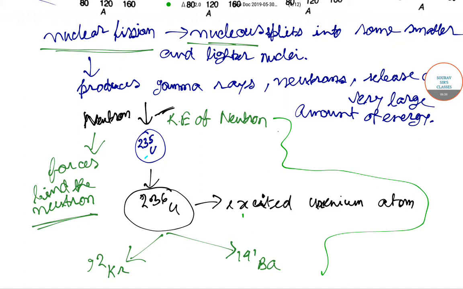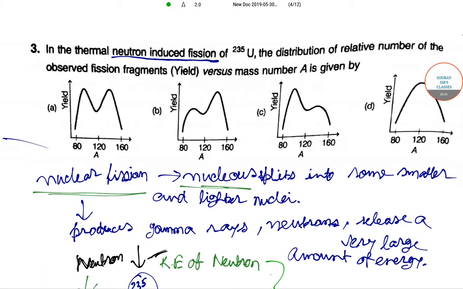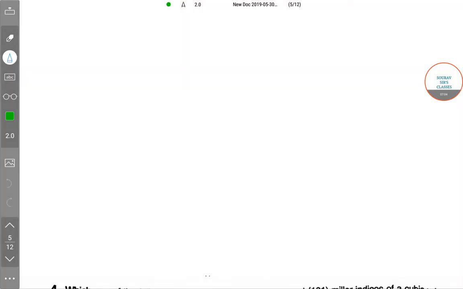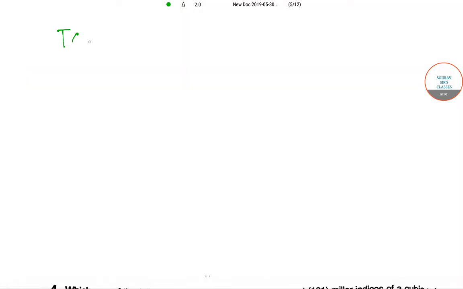So now the question is about thermal neutron induced fission of 235 uranium, the distribution of the relative number of the observed fission fragments. Okay, so for Tc-99, this is the mass number.